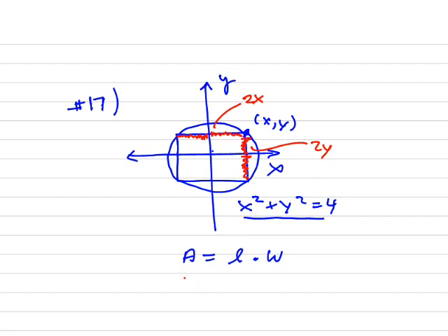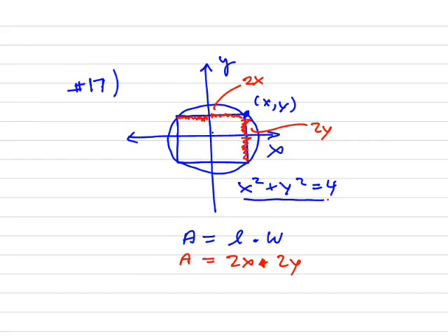So what this means is that we can rewrite the area, in terms of this specific rectangle, as 2x times 2y, because it's length times width, and we just showed that 2x is the one dimension and 2y is the other dimension.